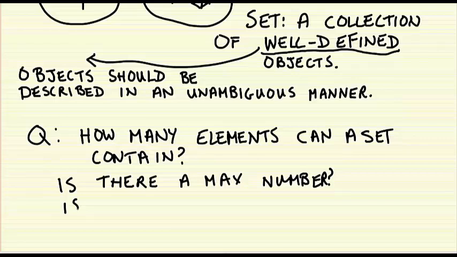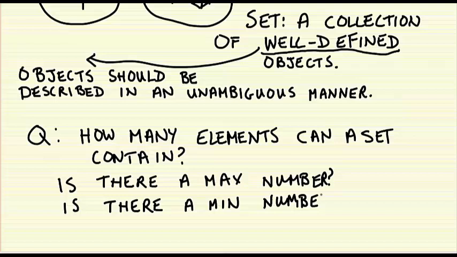And also, is there a min? Okay, so the answer to these questions is that the minimum number of elements a set can contain is 0, so we can have a set with no elements, and the maximum number a set can contain is infinite. Okay, so we go from 0, the minimum number, up to an infinite number of elements in a set.